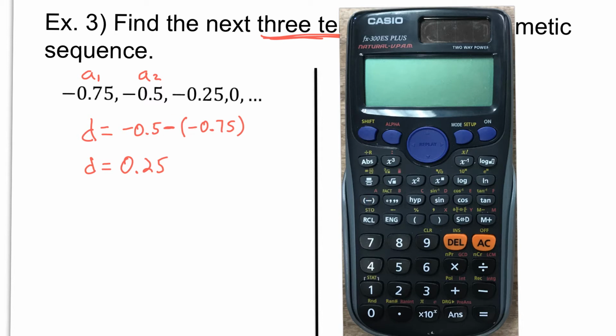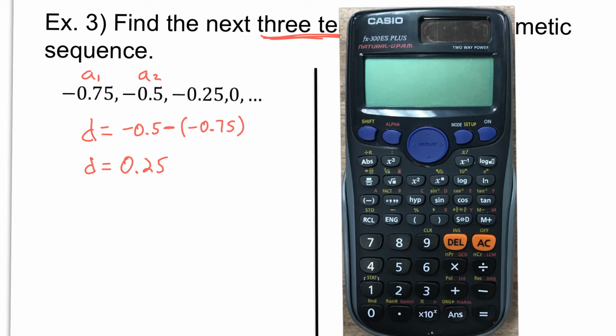Sometimes the calculator won't give you the answer. It's going to give you an error. So just double check if you have a negative or a minus here. So we have the negative and we have the 0.5. I press the minus and then I have parentheses here. You have open parentheses, close, and then I put negative 0.75, and you get the answer positive 0.25.